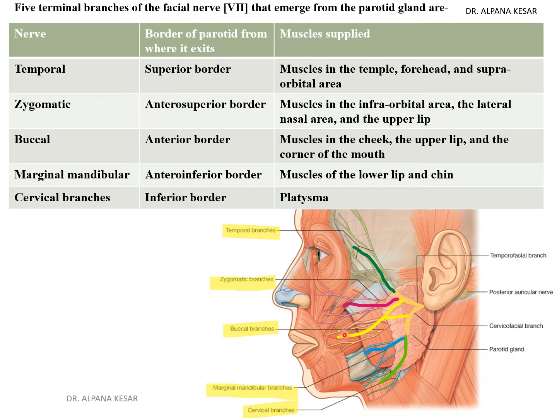It contributes to the nerve supply of buccinator muscle and some of the oral levators. Marginal mandibular supplies the muscles of the lower lip and chin, that is, the depressors and mentalis muscle. Cervical branch supplies platysma muscle.